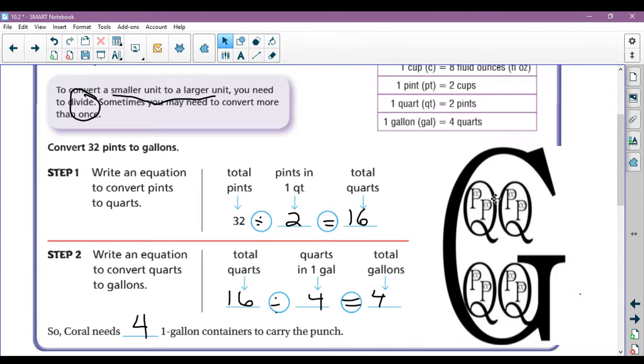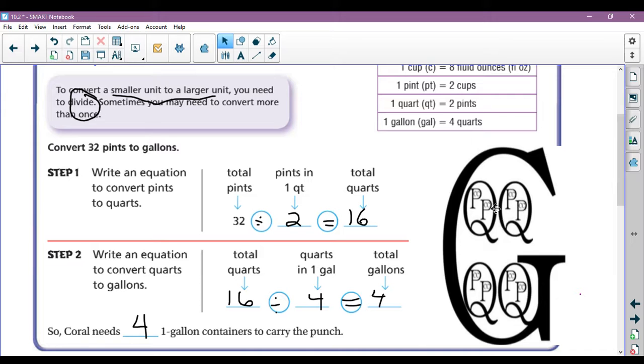Okay. So for this problem, I think it's easier if you look at, okay, so we have 32 pints. We know we're going to be dividing because we're going to gallons. But what I do is I look to see how many pints are in 1 gallon.